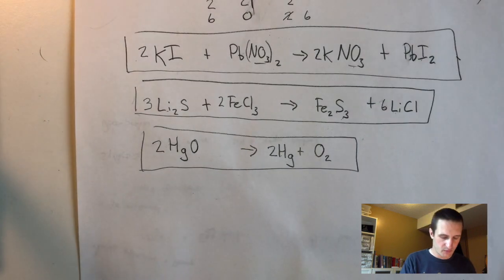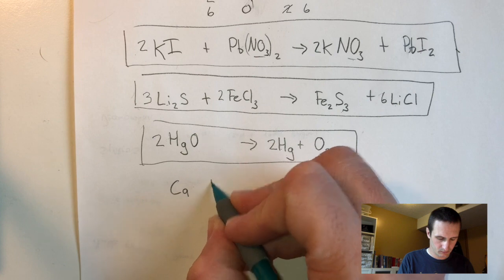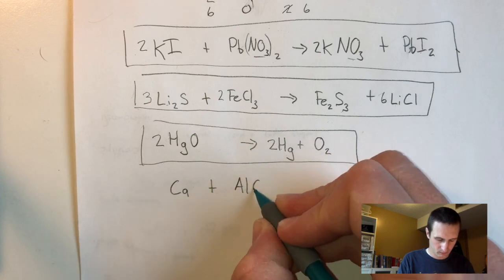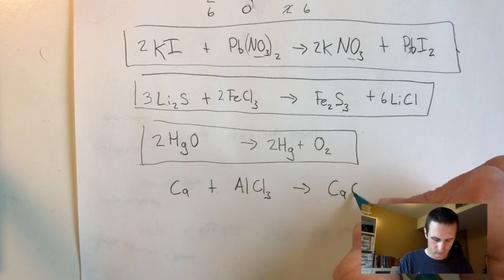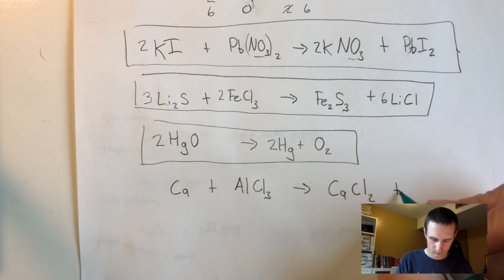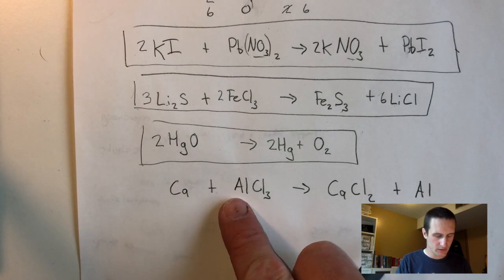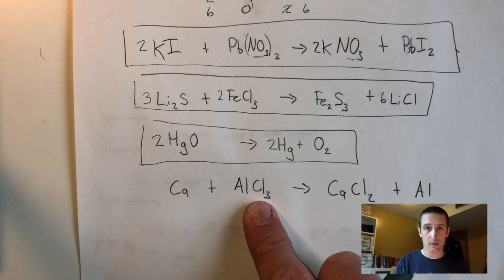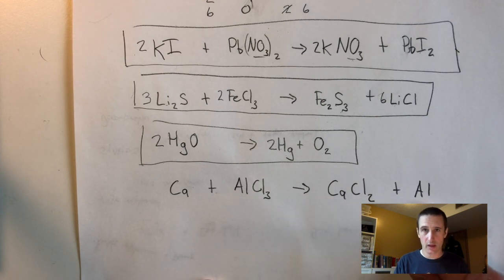Let's do this last one. So I have Ca plus AlCl3 makes CaCl2 plus Al.